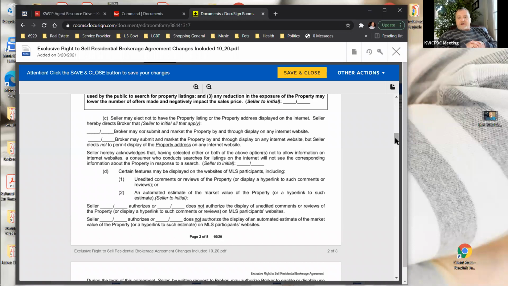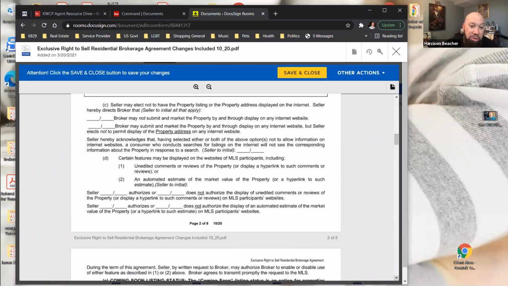You have anything to add there, Harrison? No, just it is best to have them exposed to all. If people say they don't want either the public comments or the public valuation, that's just a more intense process. It's probably a different class we need to have on how, and David, you teach me how you actually stop the third-party sites from allowing it.